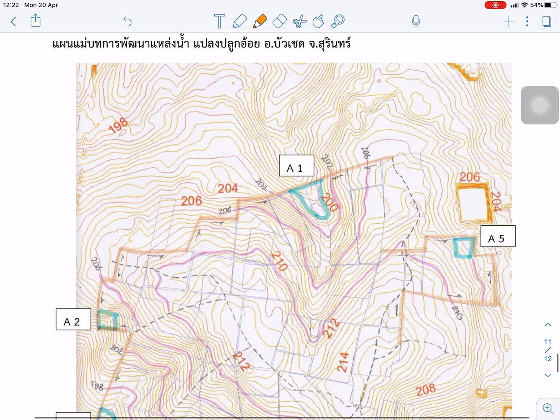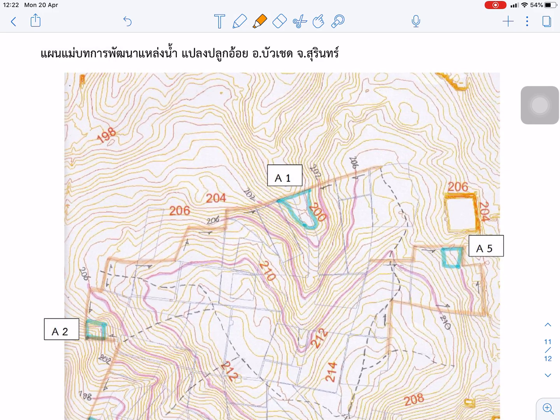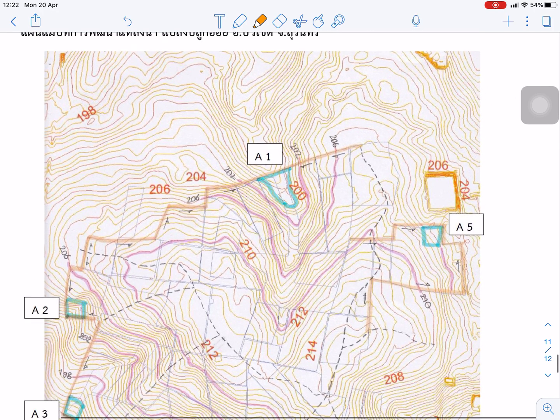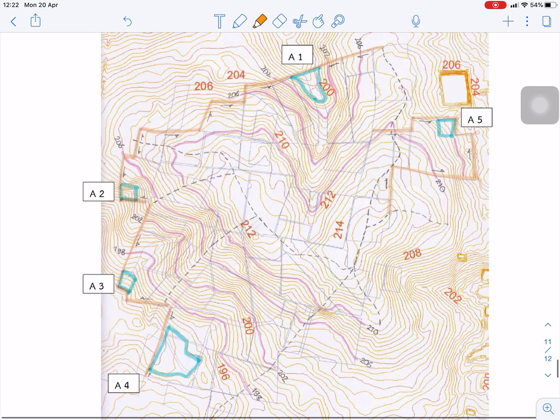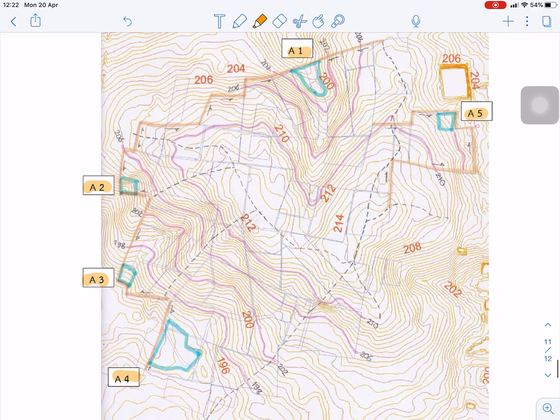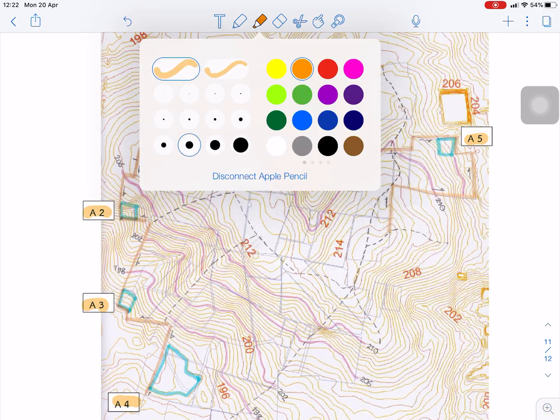This recommendation is for the owner to develop the pond to collect water for sugarcane. This final map is the master plan for surface water development for this sugarcane plantation in Bo Phloi, Kanchanaburi. We can see that we have A1, A2, A3, A4, and A5. The pond area has 5 locations, and we propose the location of the pond and the embankment.